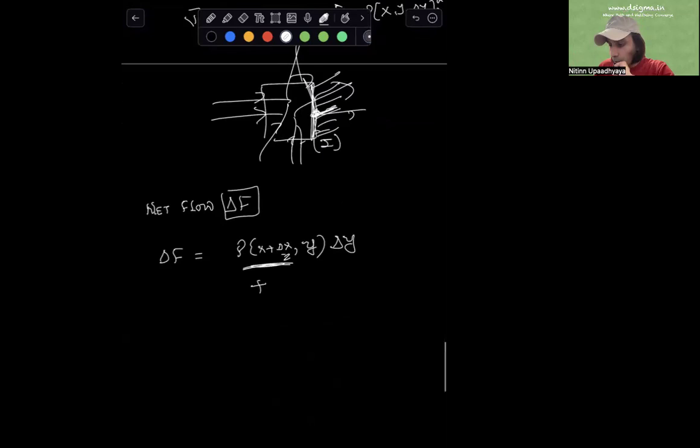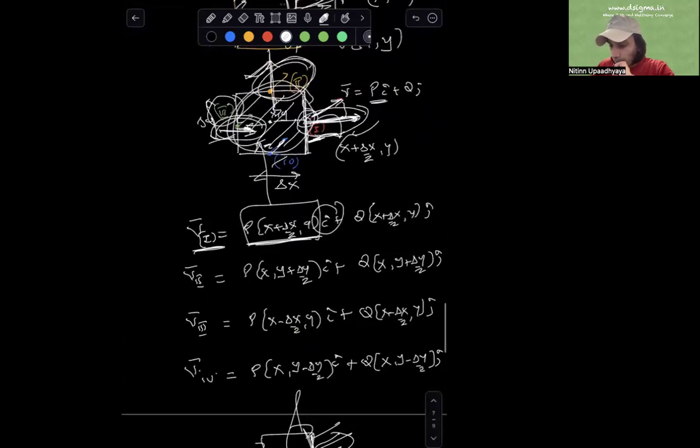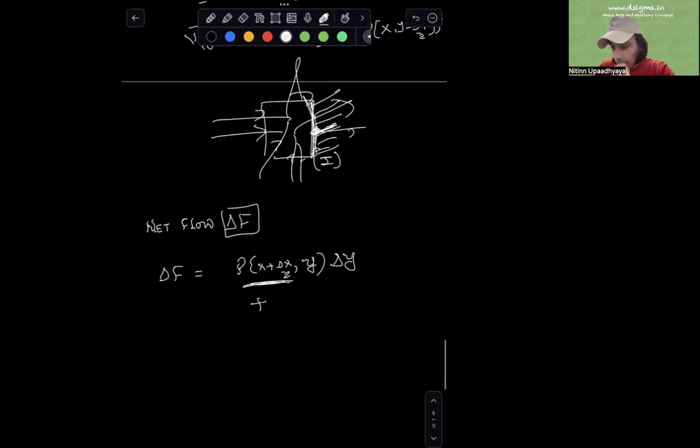Similarly, the net flow from segment 2 here would be the y component of the vector field defined there times the length of the segment, right? So if I were to make the diagram again, just for convenience, the net flow here would be this component times this length. Here would be this component, which is pointing in this direction, times this length.